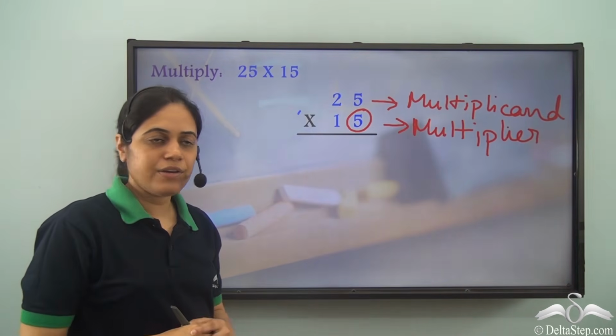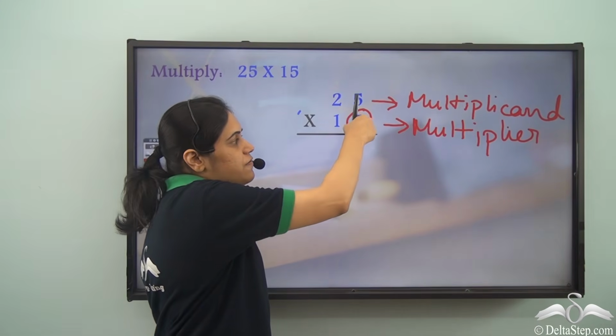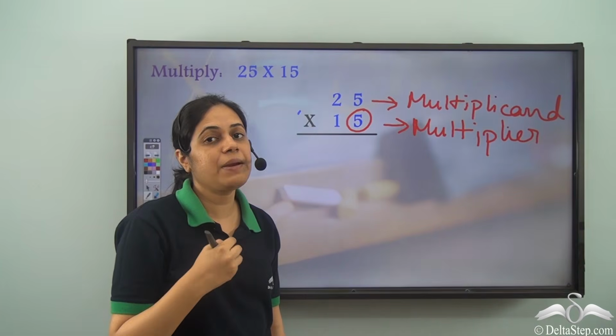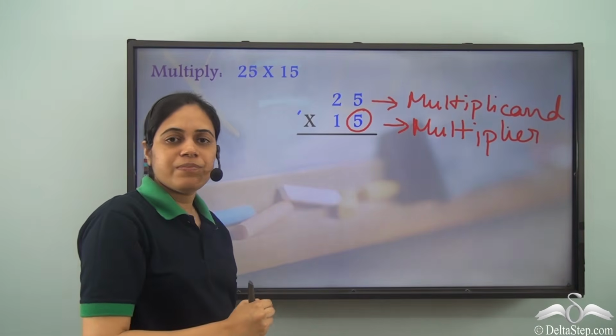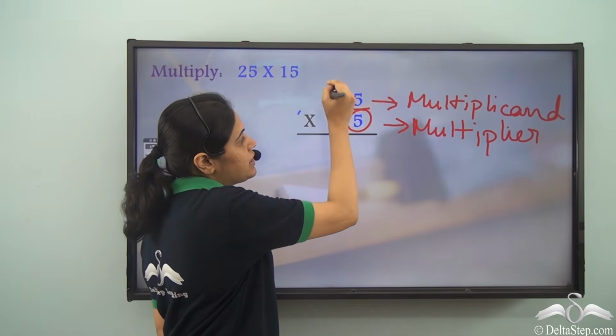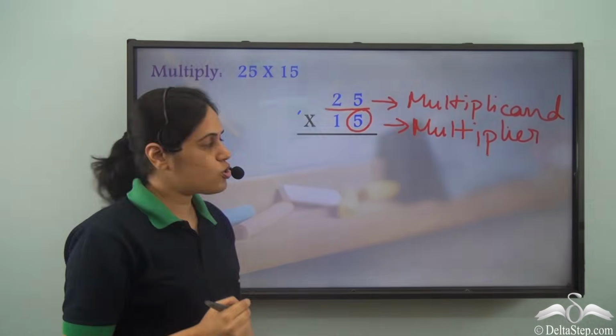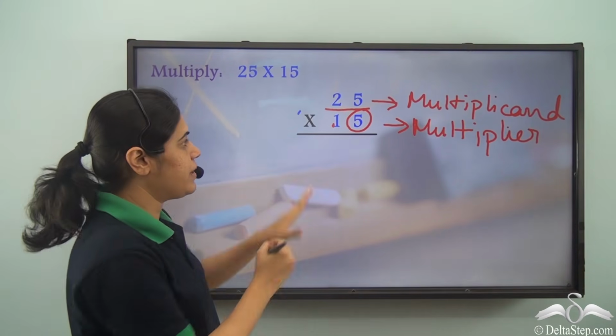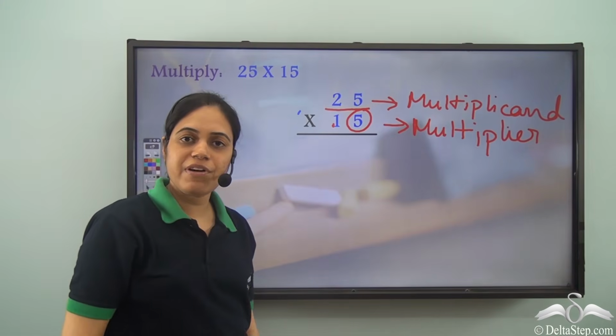So I consider the ones digit of the multiplier, that is the number I am multiplying by, which is 5, and I multiply this number by 5. I forget this 1 for the time being.